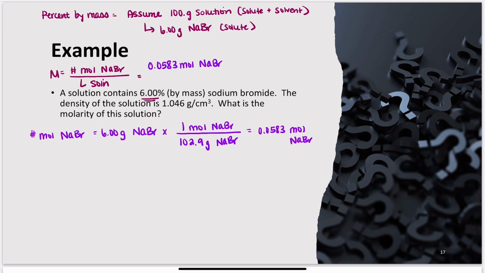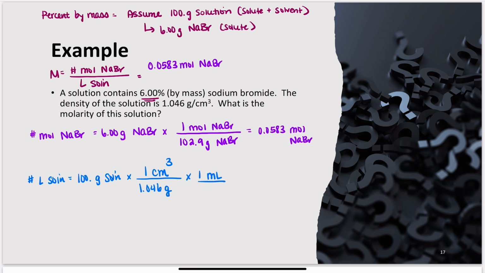Now, I'm going to use my density to find my liters of my solution. Remember, we assumed 100 grams. But I have the density right there. Density is telling me that 1 centimeter cubed is 1.046 grams. I don't want centimeters cubed, I need liters.